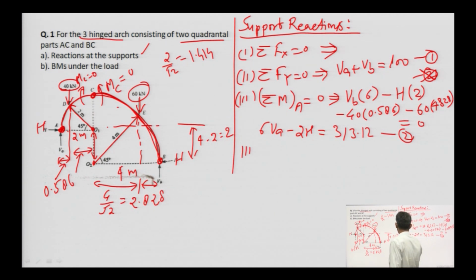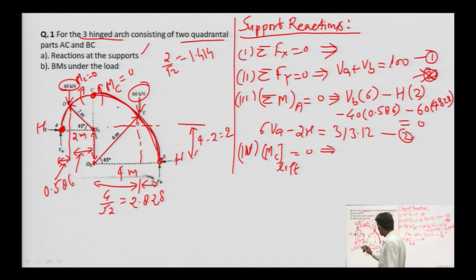And one more equation, the fourth equation, we will write. Consider any part, since here in this equation we have V A, so consider the left part. M C for the left part equals 0. Let us write it.